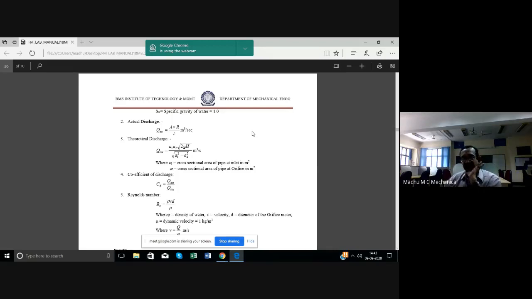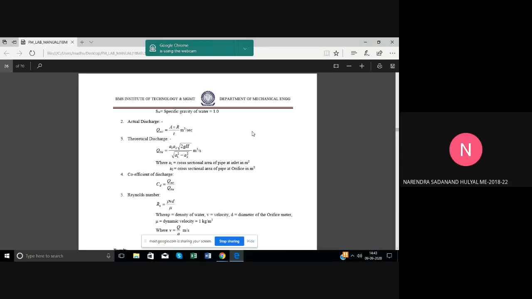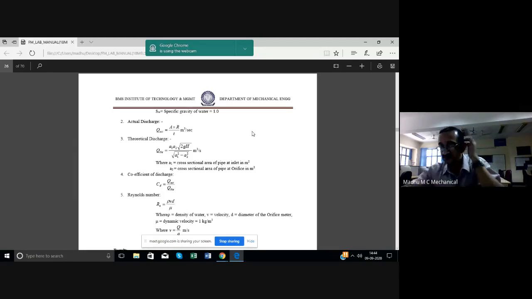A into R divided by T for the first value. Tell me how much you got. Area is 0.12 into the 10 centimeter rise, 0.1, divided by time.